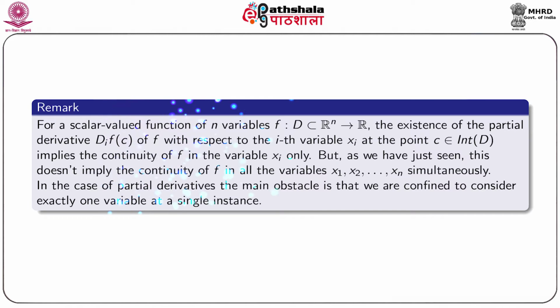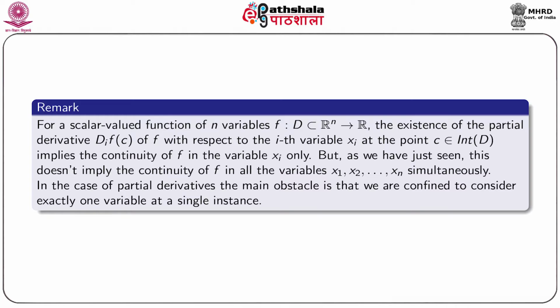For a scalar valued function of n variables, f from D to R, where D is a subset of R^n, the existence of the partial derivative at the point c, that is del f del x_i at the point c of f with respect to the ith variable x_i, implies the continuity of f in the variable x_i only.